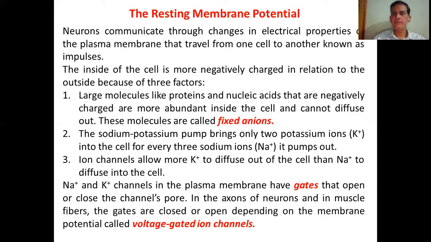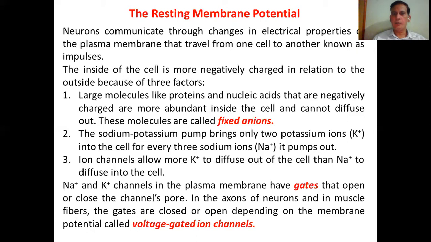The third one is the ion channels. They allow diffusion of potassium. So potassium can easily diffuse through the ion channels, which leads to a decrease in the positive charge inside. So there is more and more increase in the negative charge as the positive cations, the potassium, move out.